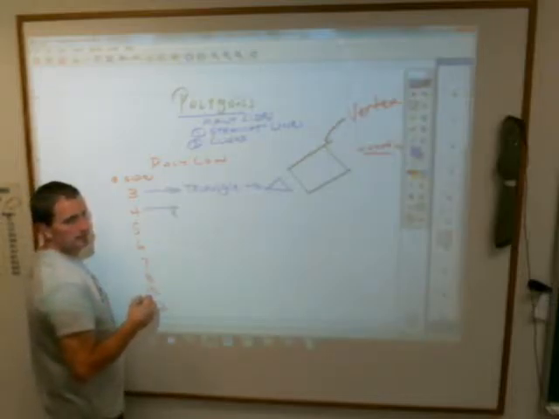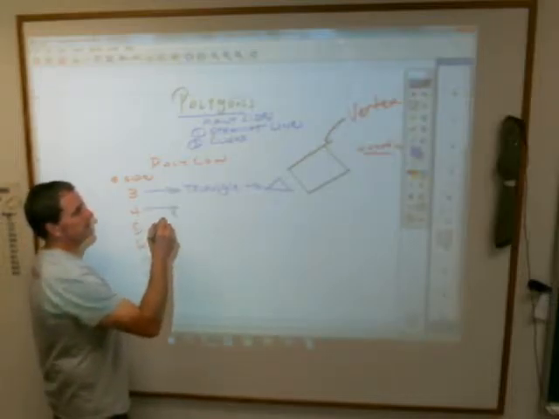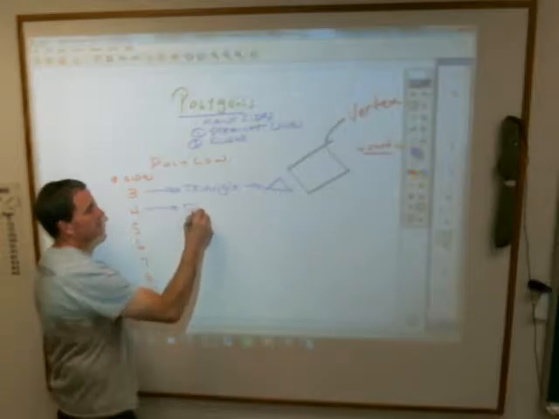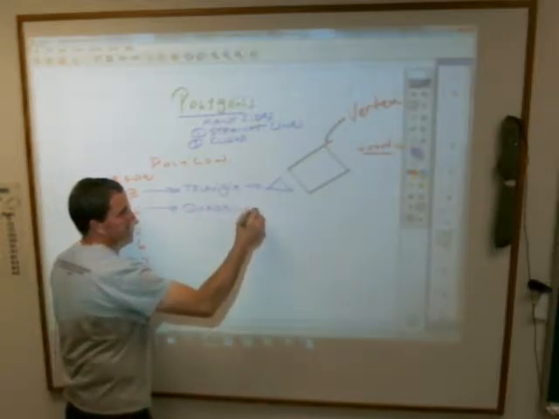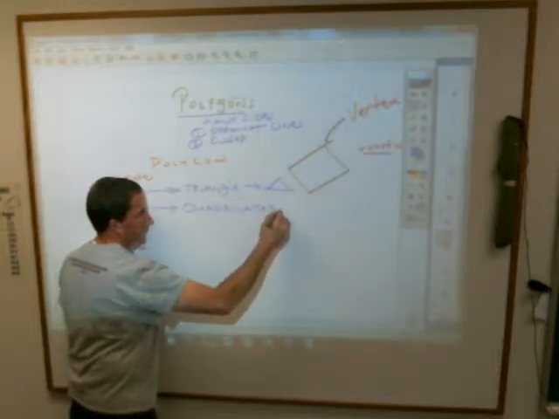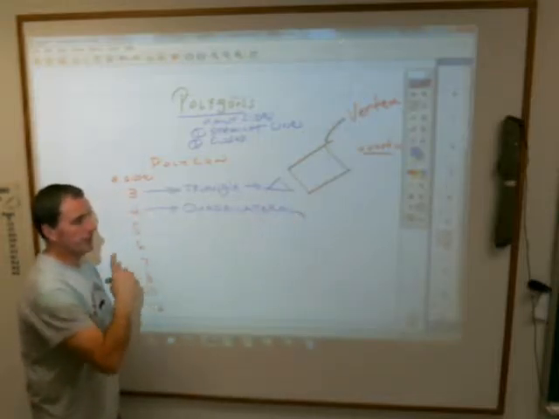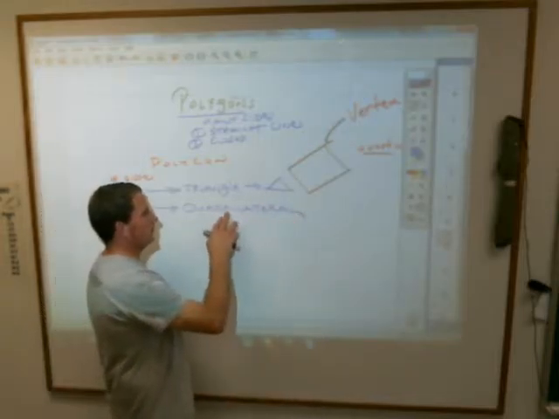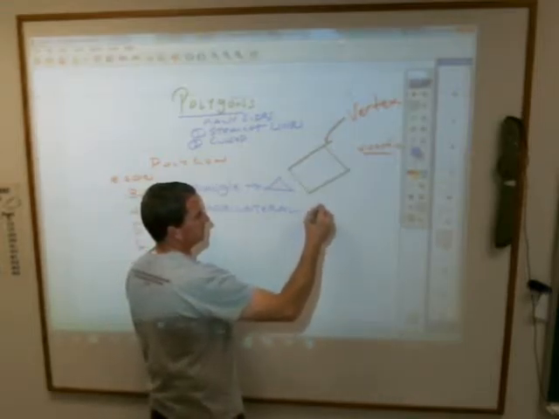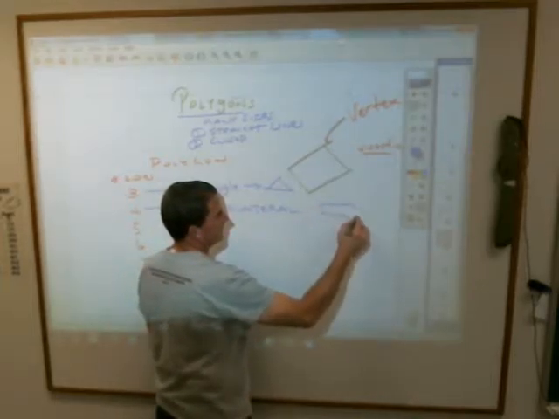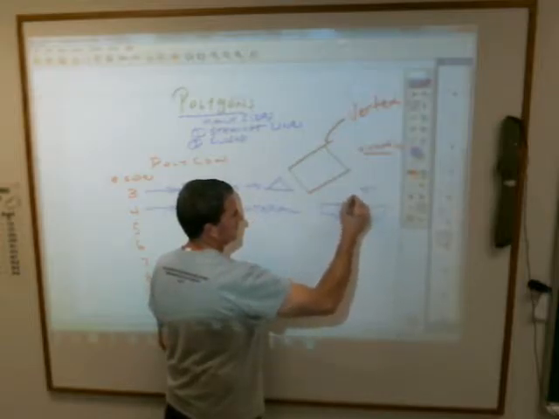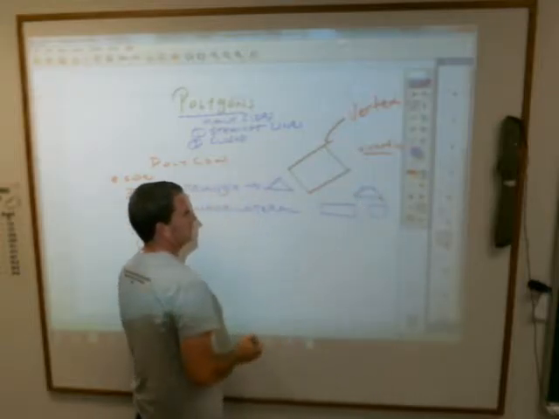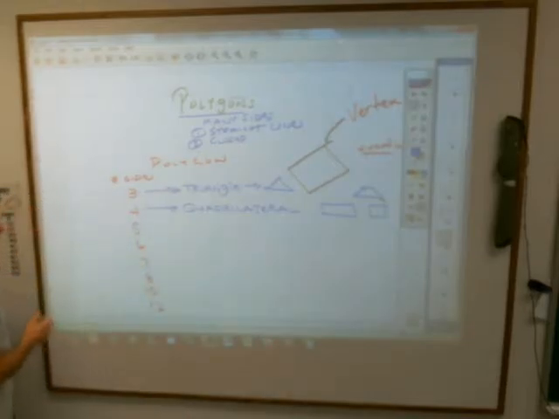John? Square? Nope, not square or rectangle. They are called quadrilaterals. A square and a rectangle are both types of quadrilaterals, but any 4-sided shape is called a quadrilateral. It could be a rectangle, it could be a square, it could be a trapezoid, it could be all those sorts of things.